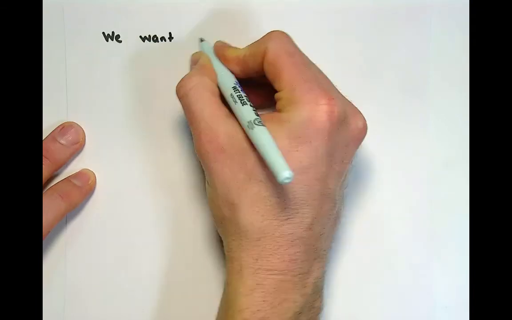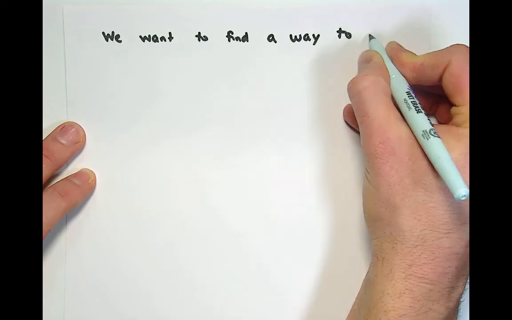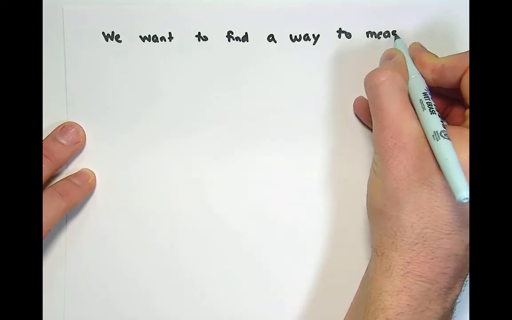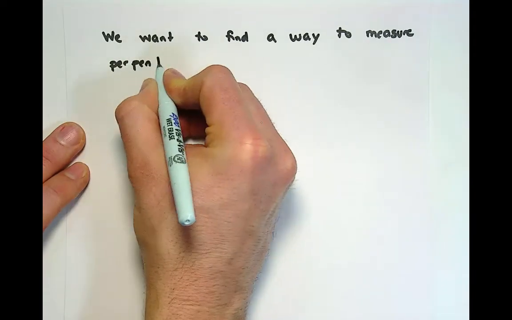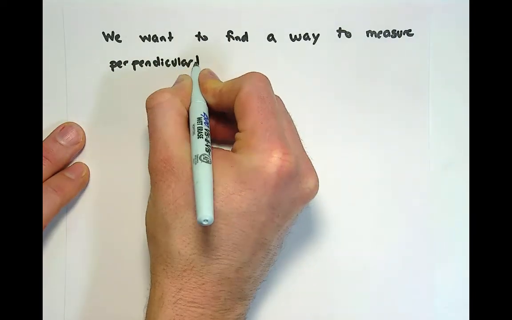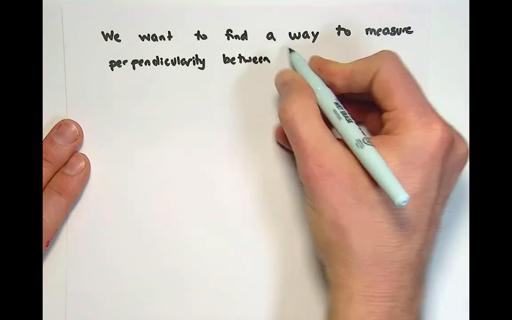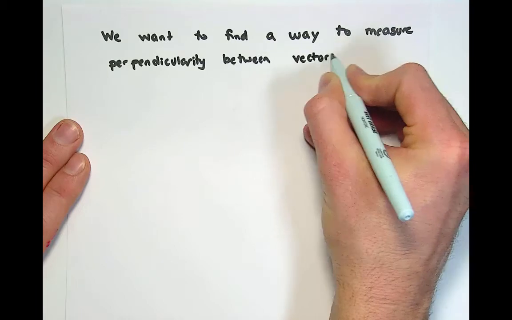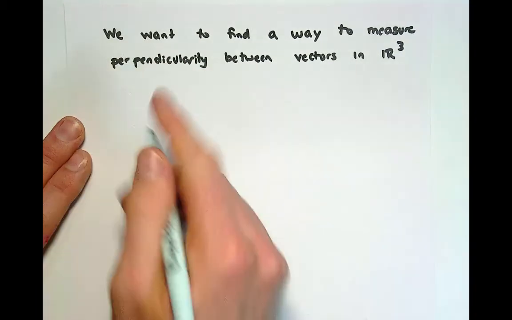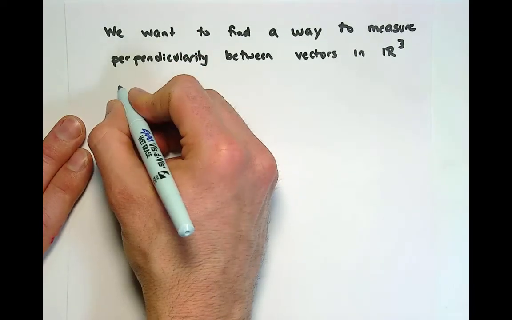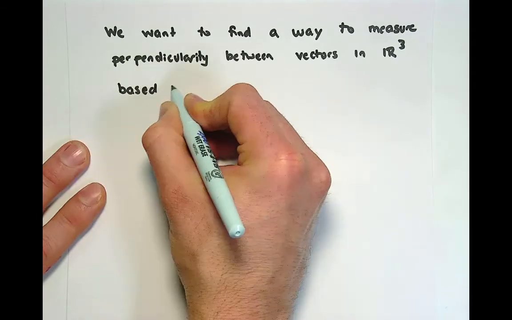We want to find a way to measure perpendicularity between vectors in R3 based on the cross product.